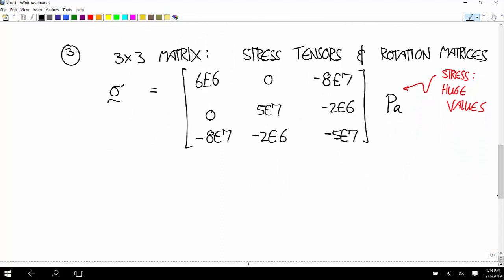And then the last one is a 6x6. I'm not going to write that out because it takes forever. There are two 6x6 matrices that we're going to use. Those are the stiffness and compliance matrices.